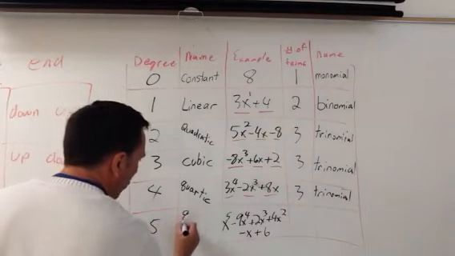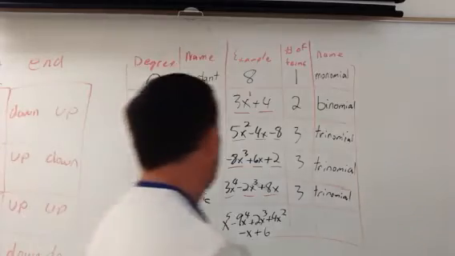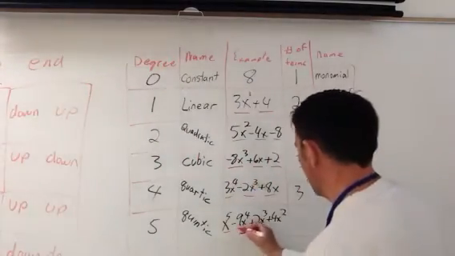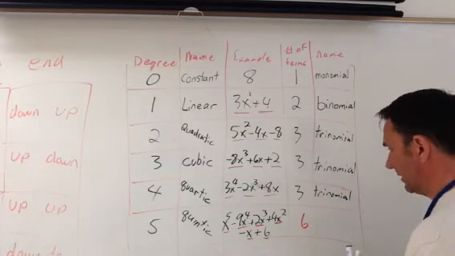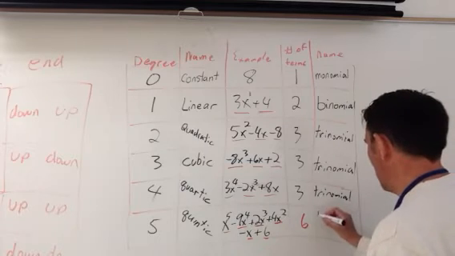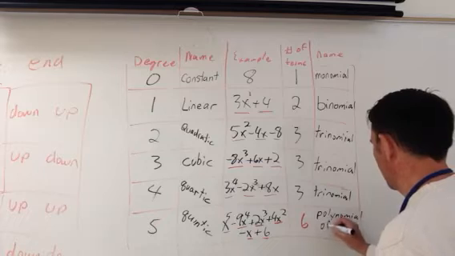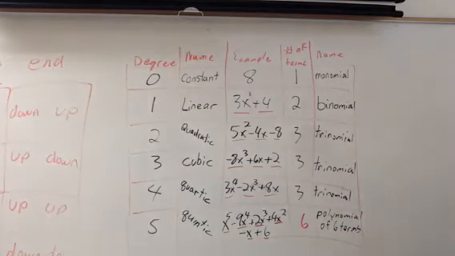This is what we call a quintic function. Now here, there's a lot of terms. 1, 2, 3, 4, 5, 6 terms here. We could describe this as a polynomial of 6 terms. There's nothing special after 5. It just gets more and more complicated. So we can just stop and say that this is a polynomial of 6 terms.